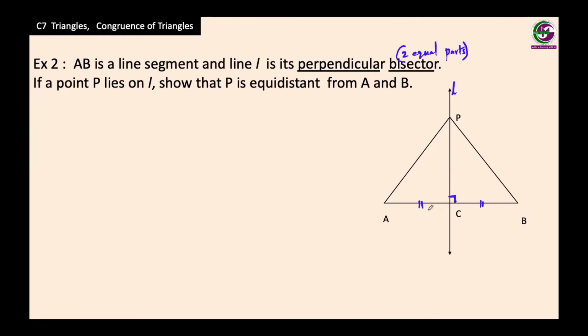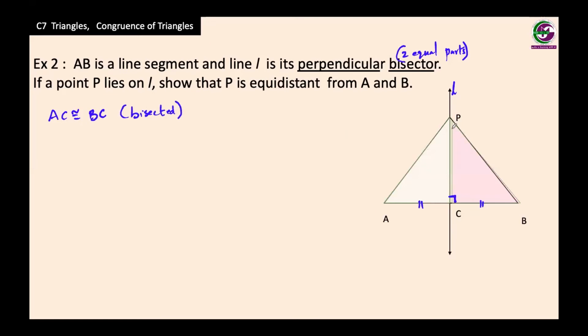So we get that in the triangle ACP and the triangle PCB, we have CB is equal to AC. So let us write down AC is congruent to BC because they are bisected.